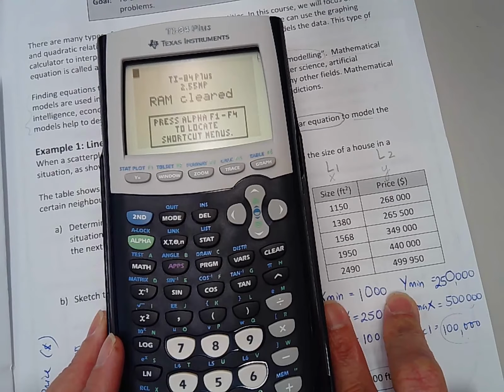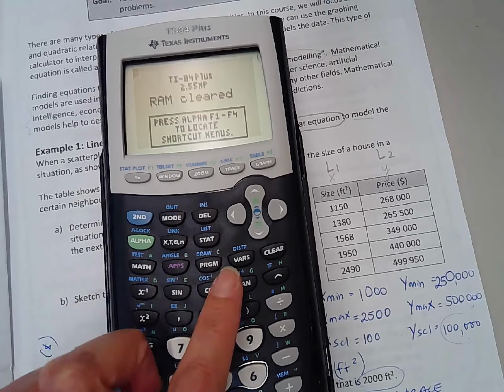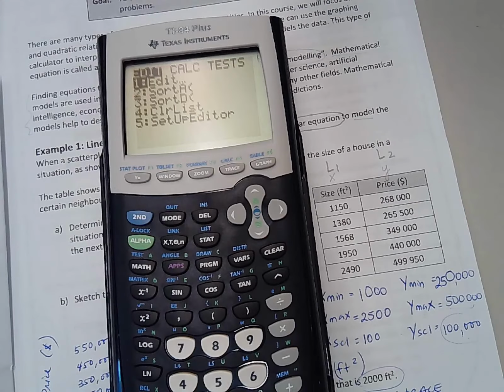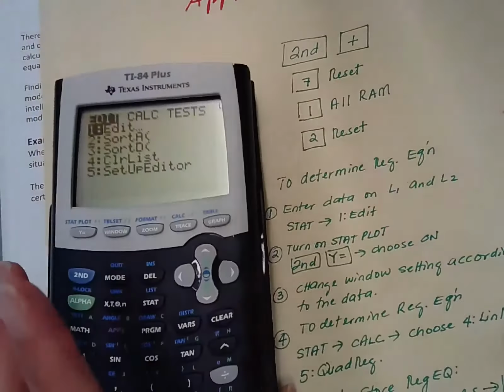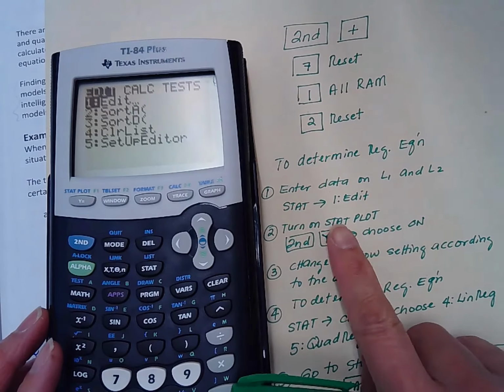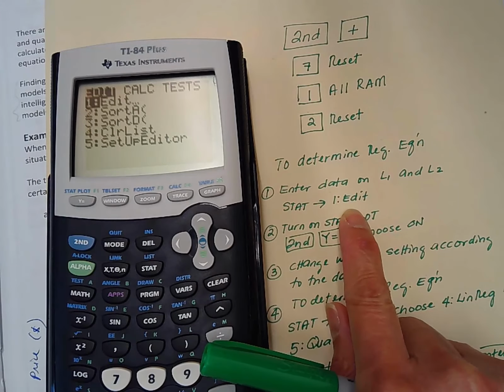Enter data: stat, edit. Okay, follow this. Stat, edit, 1.